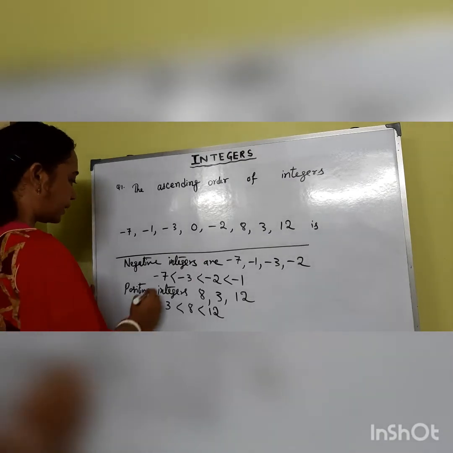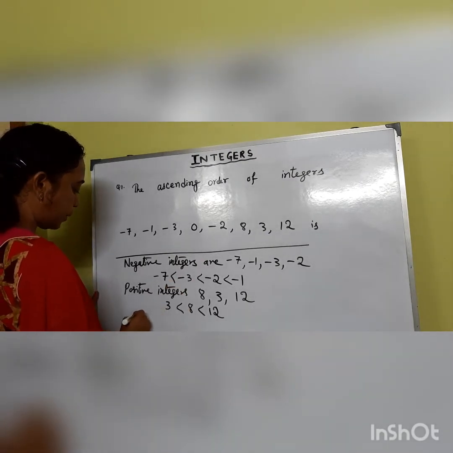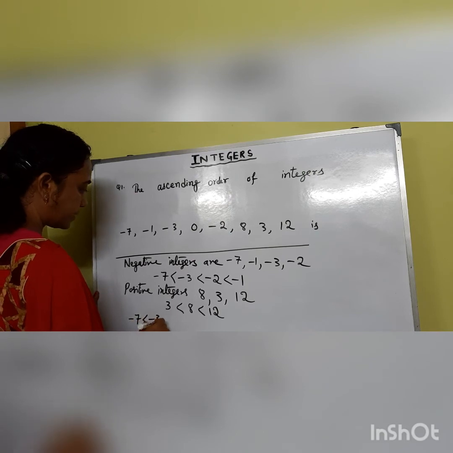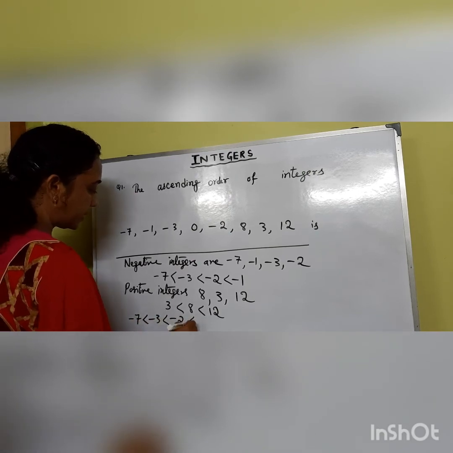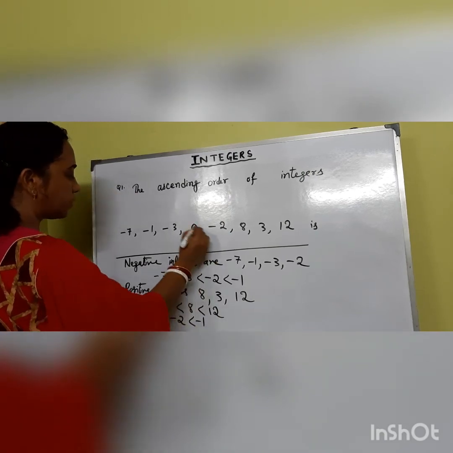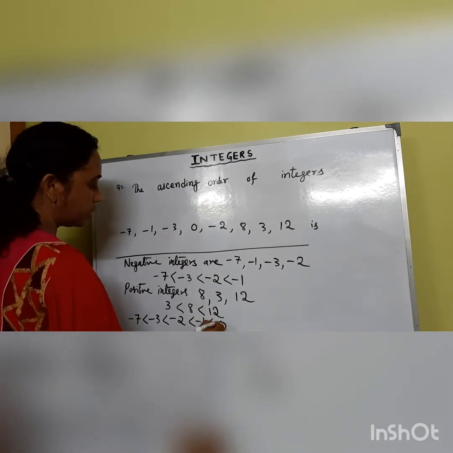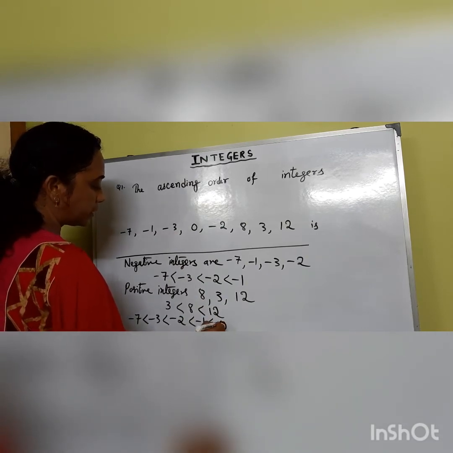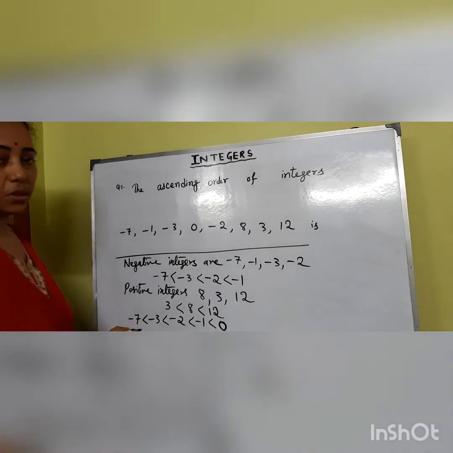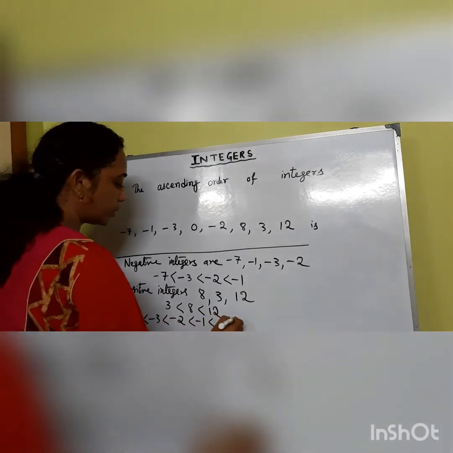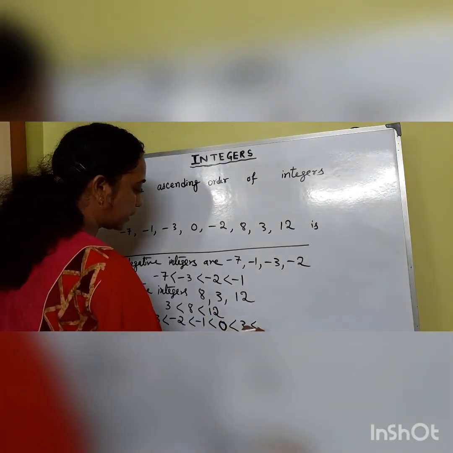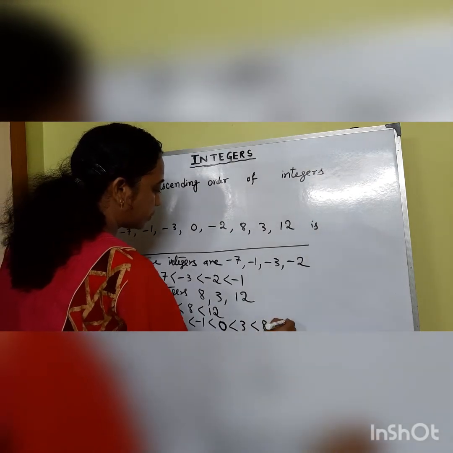So, first we write the negative integers in ascending order, that is minus 7 less than minus 3 less than minus 2 less than minus 1. After that there is one 0, so we put one 0 here, because 0 is neither positive nor negative. Then we put the positive integers 3, then 8, and then 12.